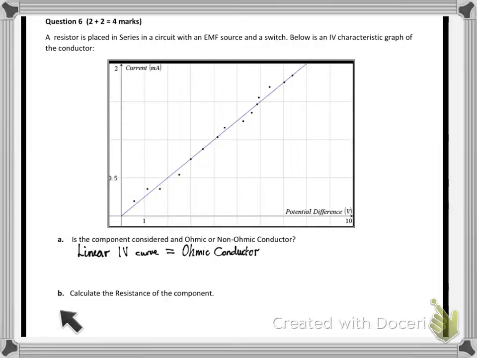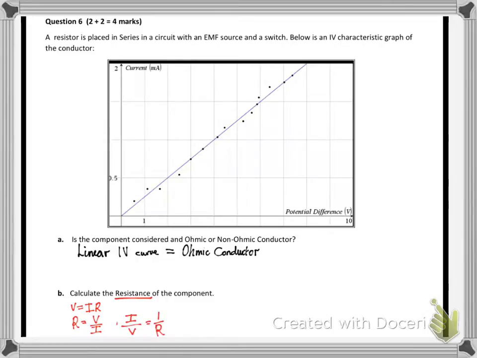Alright, so let's continue. Part B, calculate the resistance of the component. So who remembers how resistance, current, and potential difference all link together? Well, that's done by Ohm's law, V equals IR. Now, the resistance is given by the potential difference divided by the current, but if we look at our graph, we've got current in the vertical axis and potential difference in the horizontal axis.